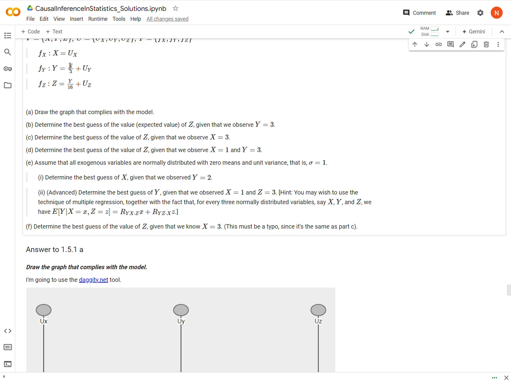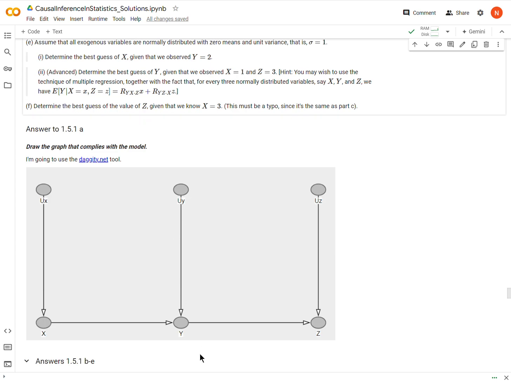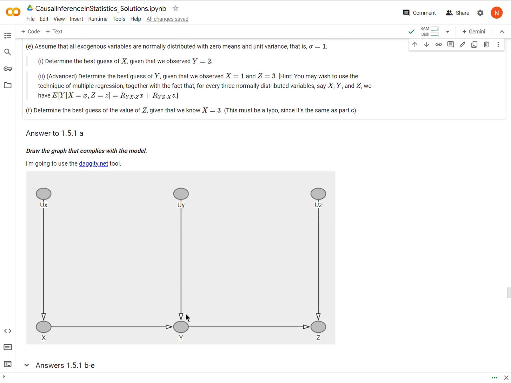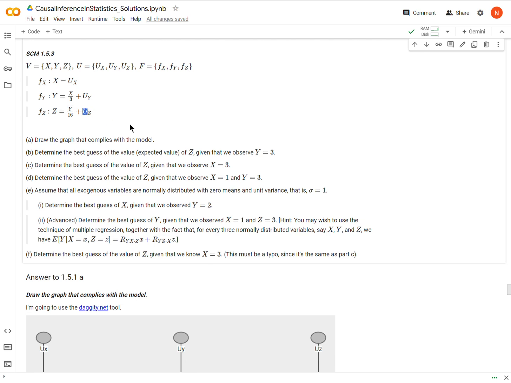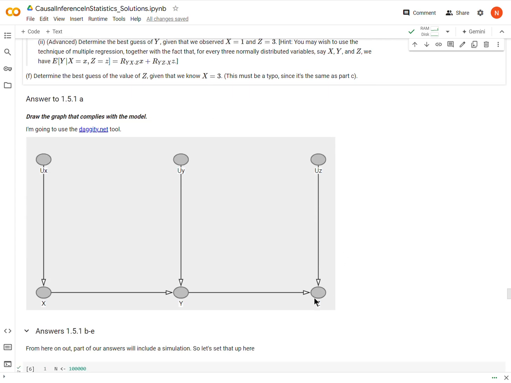Y is a function of x and its own exogenous variable, u_y. And z is just a function of y and its exogenous variable. Okay, and so that's our DAG.